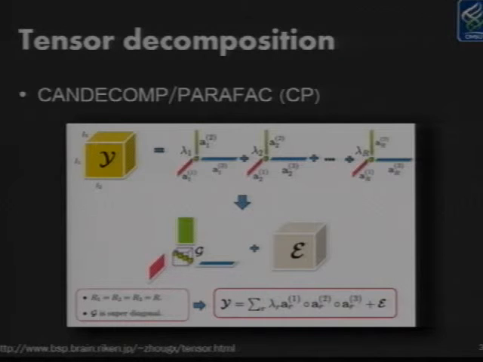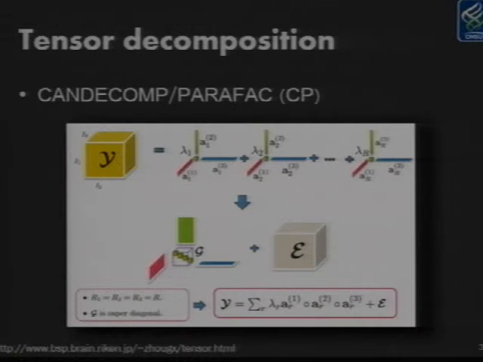Those are combined through this core tensor, which in this case only has values along the diagonal. And moreover, each of these matrices has the same column dimension, because it came from just the summation of, in this case, R of these rank 1 tensors. So I'm splitting this into I1 by R, I2 by R, I3 by R matrices.